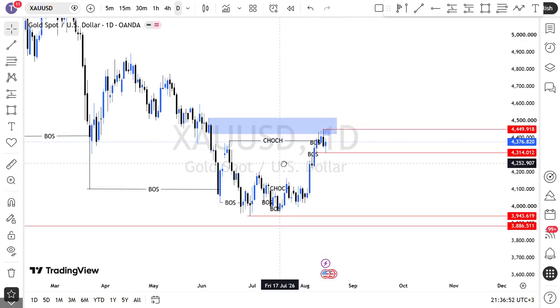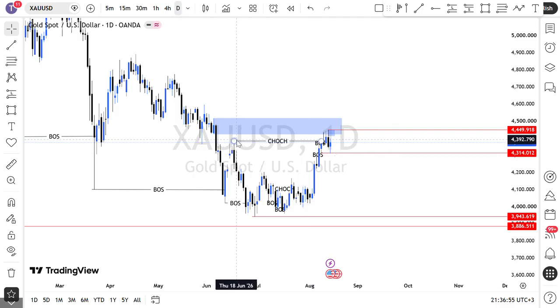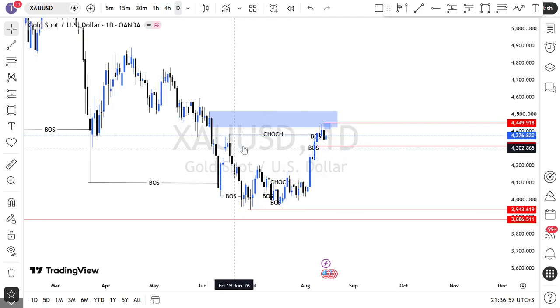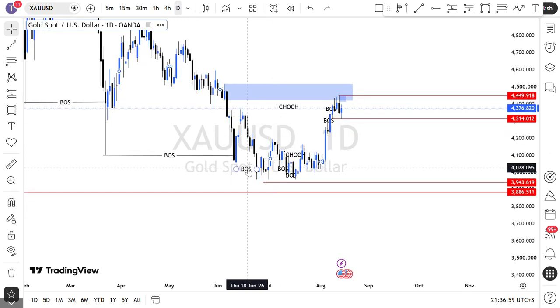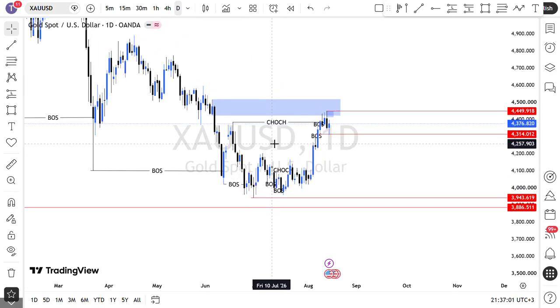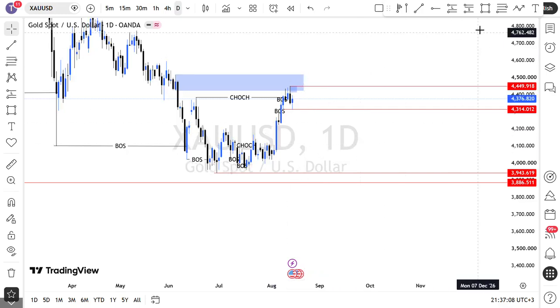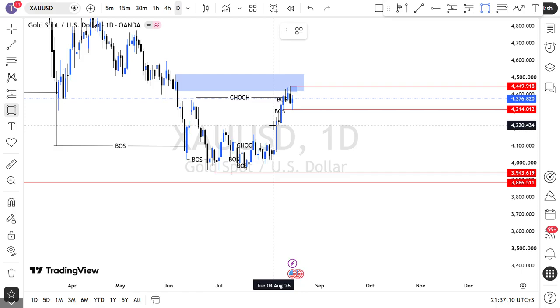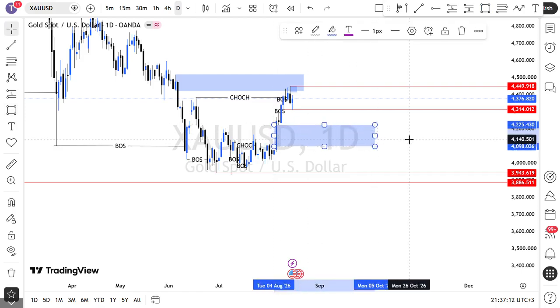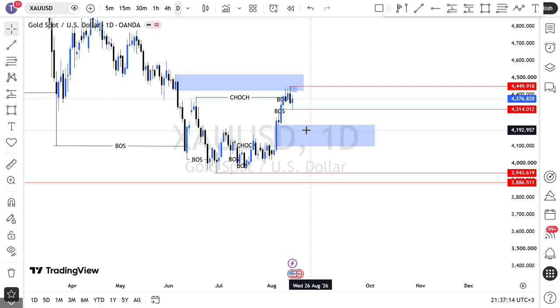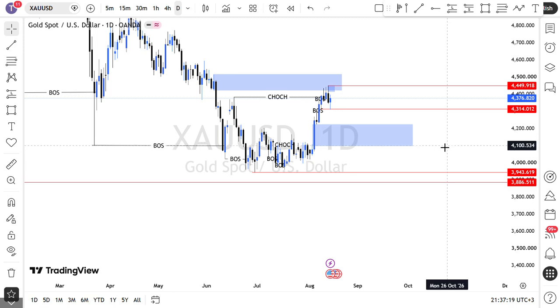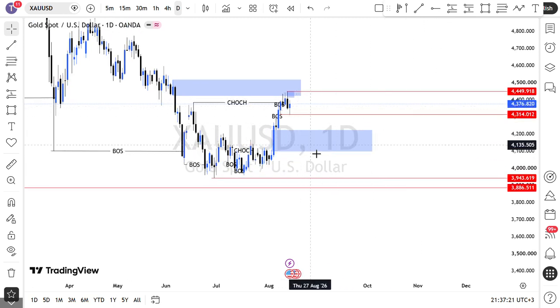To the downside. So we have price closing above this high, forming an internal change of character because we had this break here as well. And then price called that high, forming that change of character. So also on XAUUSD, I'll be looking forward to see price coming back to this fair value gap to try and mitigate this fair value gap before we look for any buying opportunity to the upside, or if price will be looking to have some massive sales to the downside.